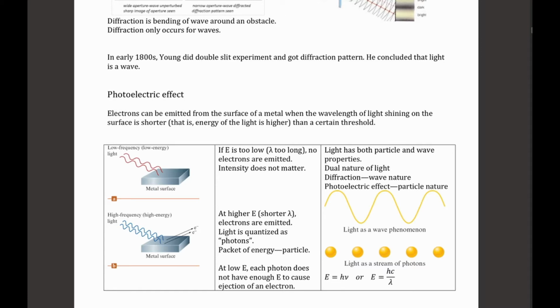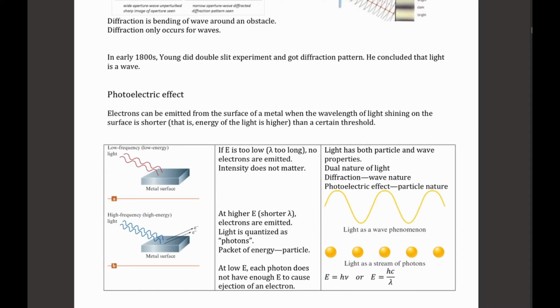Looking at the diagram below, where we have blue waves hitting it, that implies higher frequency, higher energy, shorter wavelength. The energy is great enough that the light hitting it is transferring some of its energy to the atoms on the surface, causing them to eject an electron.